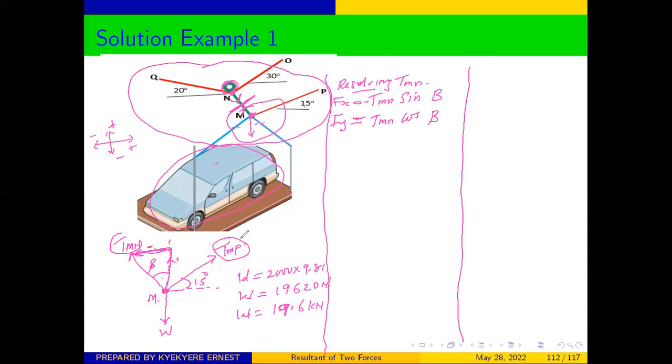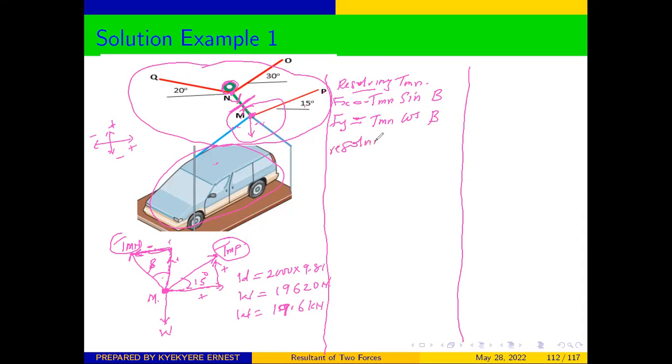Now let's resolve TMP also into components. Look at the direction. These are the starting point and the end point. Therefore, if you are resolving that into components, you are going to move this direction on the X, which will be positive, and then we are also going to move up on Y, which will be positive.